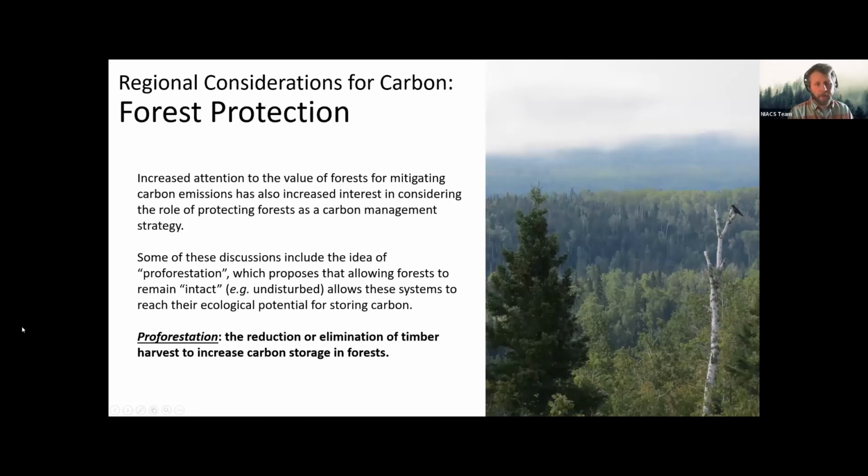And I just wanted to mention here that this idea of forest protection has gotten a lot of attention. There's been a lot of conversation around it.